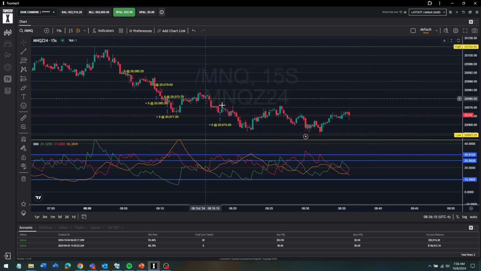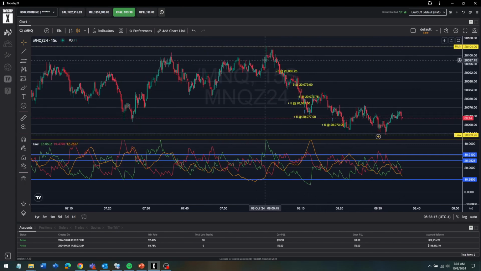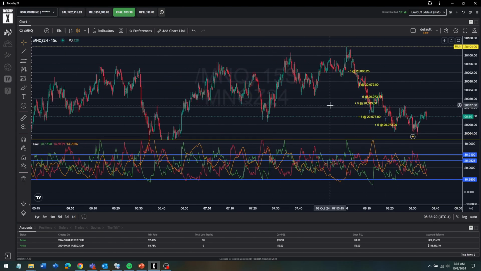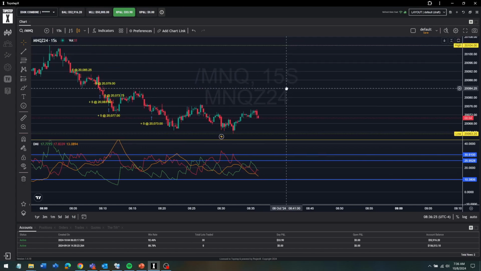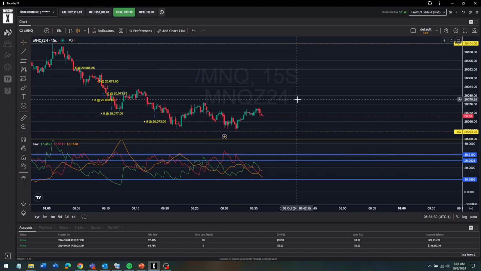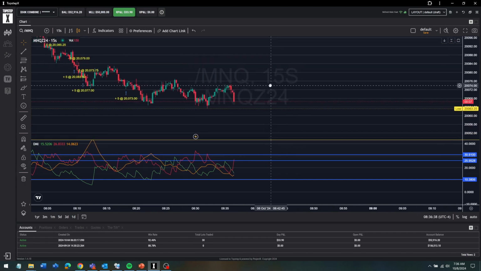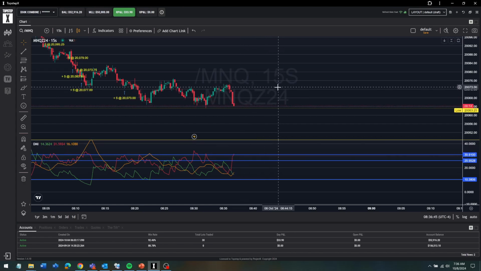You can see the general trend of the market has been down since about 8 o'clock this morning. And that is a very strong sell signal.